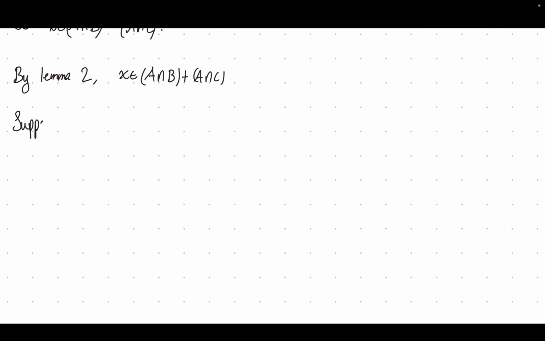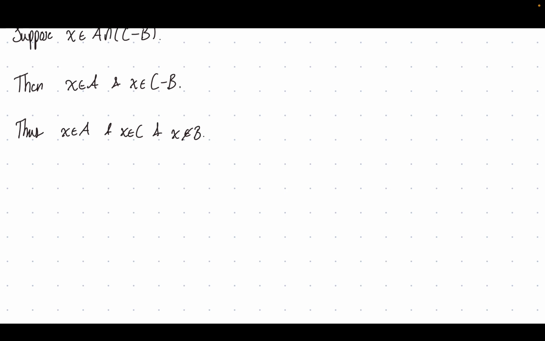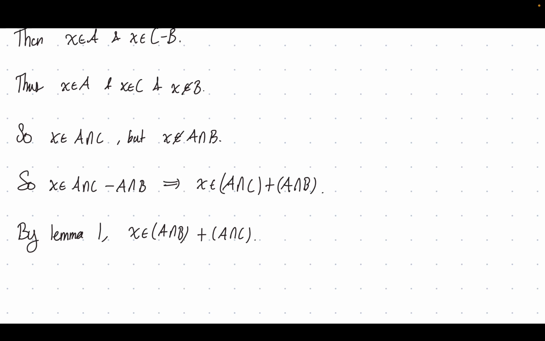Now suppose x is in A intersect C minus B, then x is in A and x is in C minus B, thus x is in A and x is in C, and x is not in B. So x is going to be in A intersect C, but x is not in A intersect B. So x is in A intersect C minus A intersect B, which implies that x is in A intersect C plus A intersect B. And then by lemma 1, x is in A intersect B plus A intersect C. Because the symmetric difference is surprisingly symmetric.